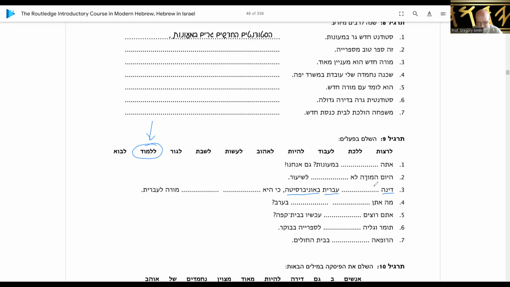Why wouldn't it use lilmod? Dina is studying Ivrit in the university. Ki, because she blank blank mora Ivrit, because she wants to be a Hebrew teacher.